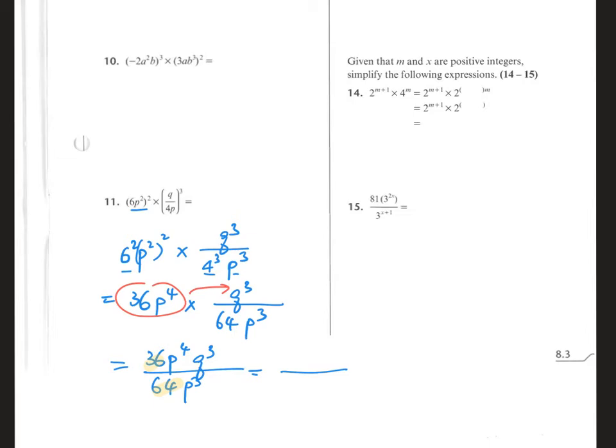It should be 4, right? 4 nines are 36, 4 sixteens are 64. Next you have p to the power 4 and p cube, cancel, 4 on top, 3 at the bottom, so that's why p on top. Q cube is still there. Okay, that's all for the answer.